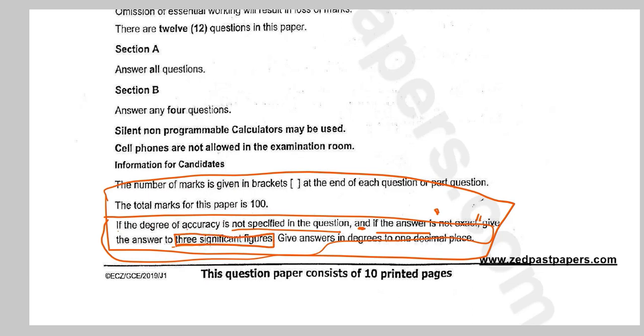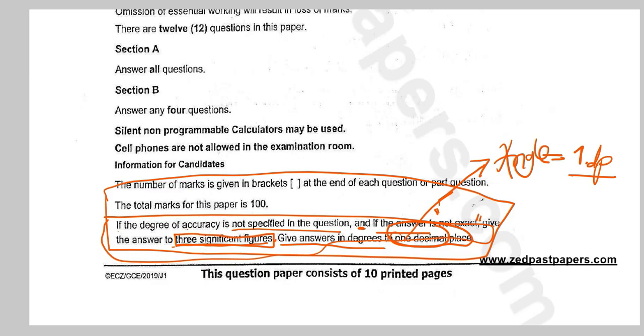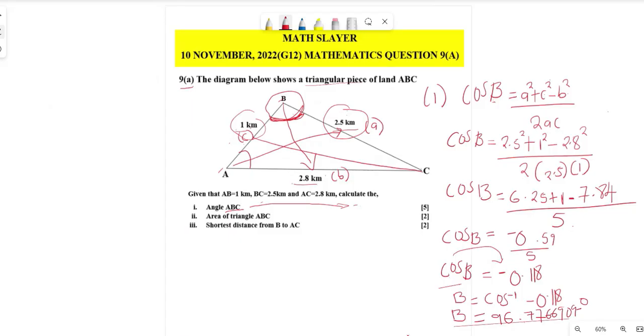And then it goes further by saying, give answers in degrees to 1 decimal. So for every calculation involving an angle, we need to give our answer correct to 1 decimal place. Now let's come back to our calculation.